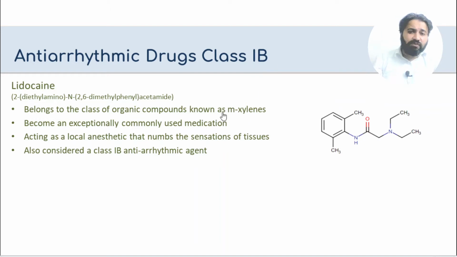It has a very different effect on the biological properties of the myocardial cells from that of procainamide and quinidine. Like tocainide, which is an analog of lidocaine and belongs to the class of organic compounds called xylenes, lidocaine also belongs to a class of drugs which contain the xylene, a monocyclic benzene carrying exactly 2 methyl groups at the 1 and 3 positions.